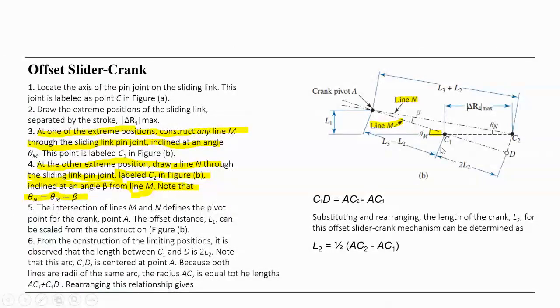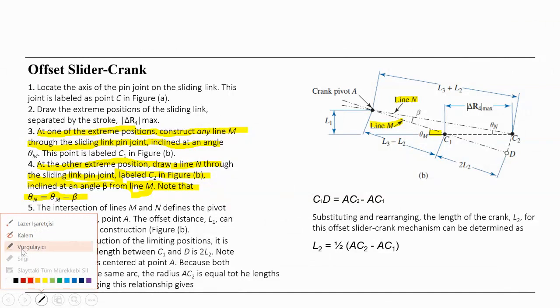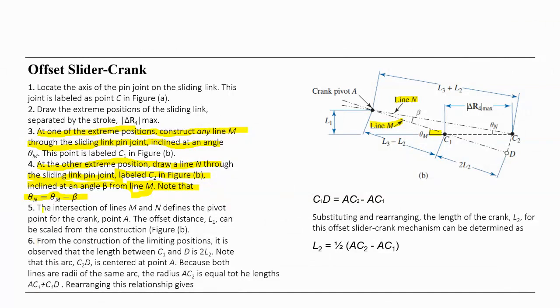So theta n is equal to theta m minus beta because of the triangle relation. You know that from mathematics. Then continue with the intersection of the lines M and N. This point here, the intersection of the lines N and M, defines the pivot point for the crank, point A. So this is point A here.